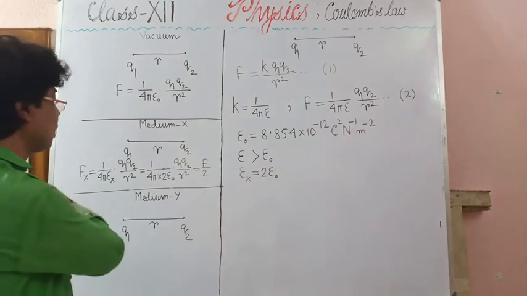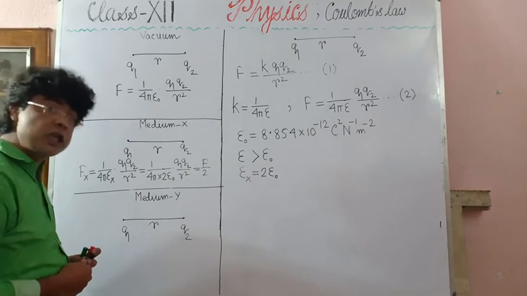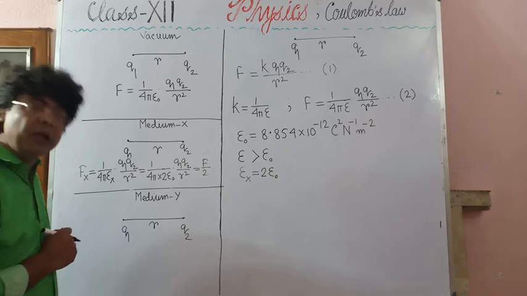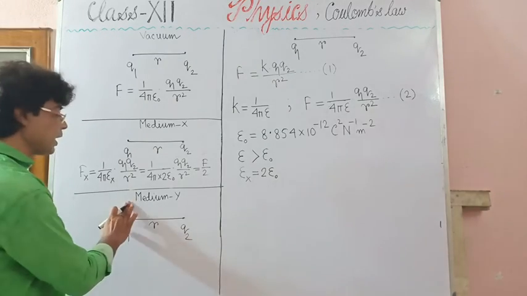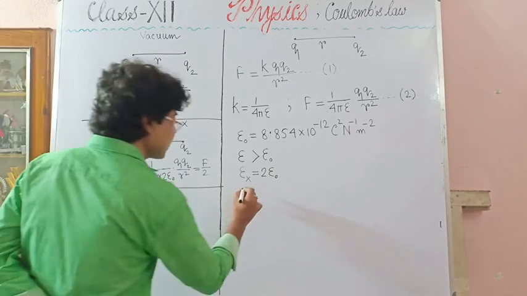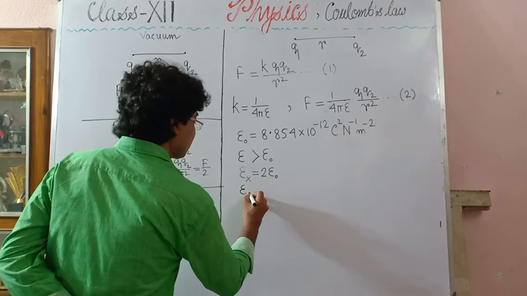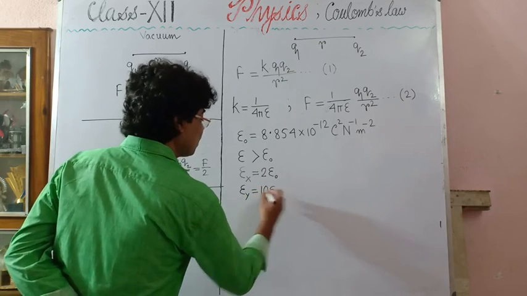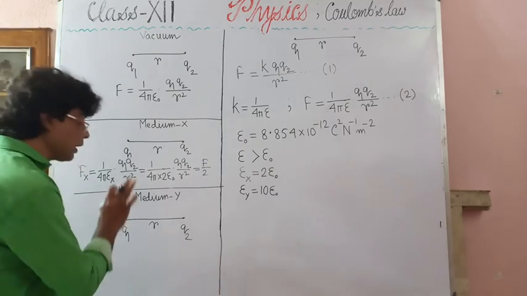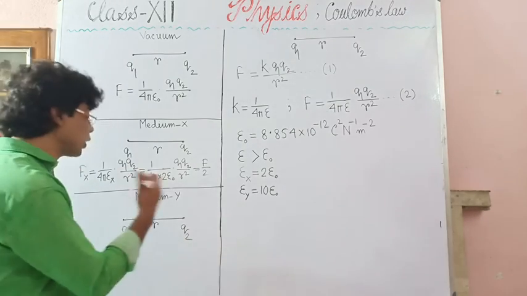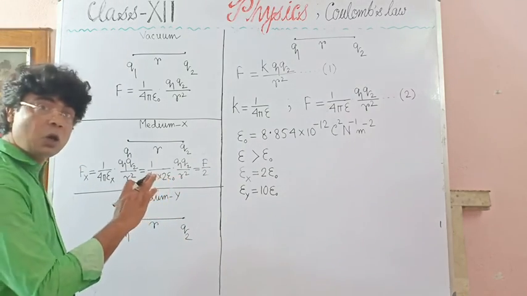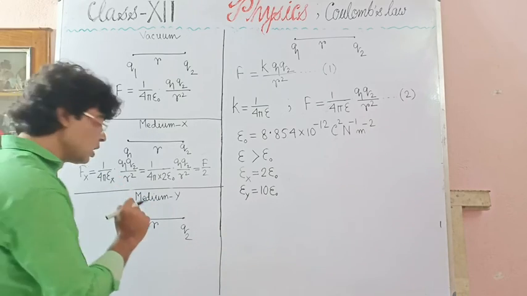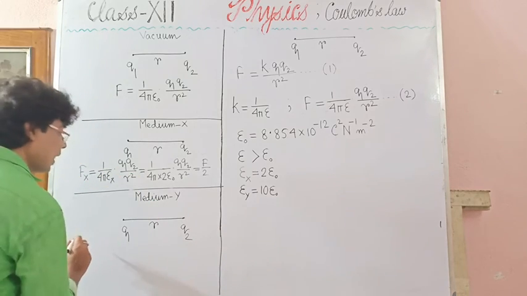Now, if we consider the absolute permittivity of medium Y is epsilon Y, which equals 10 epsilon 0, then what will be the electrostatic force between the two point charges when situated in medium Y? Suppose this force is Fy.